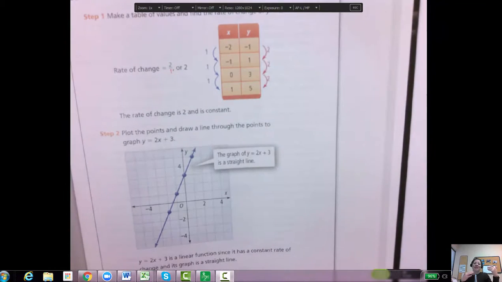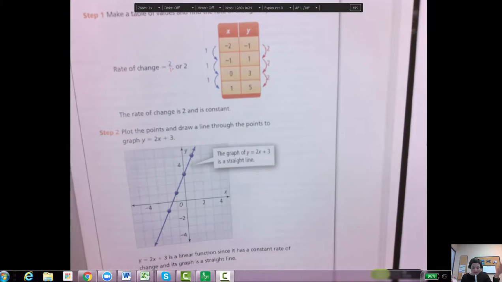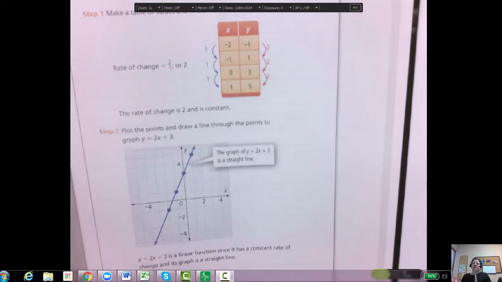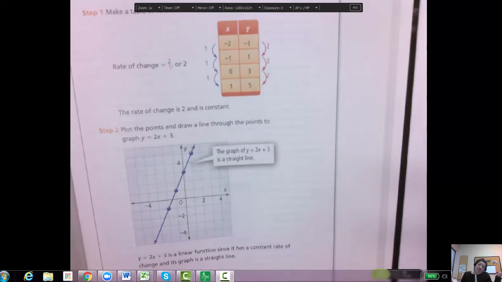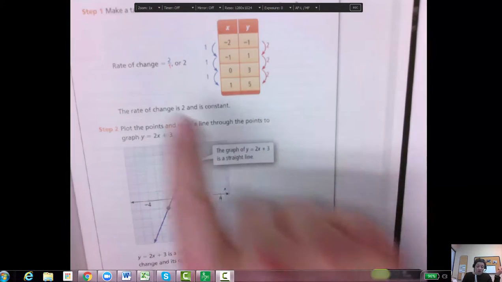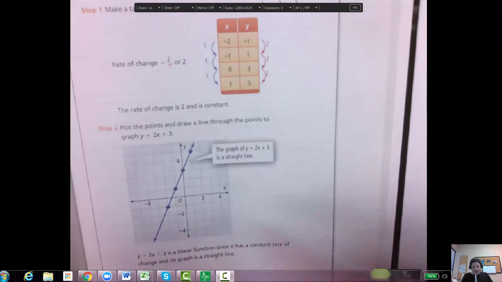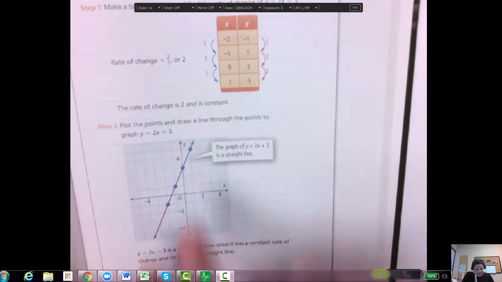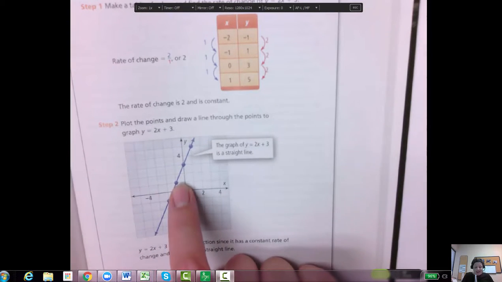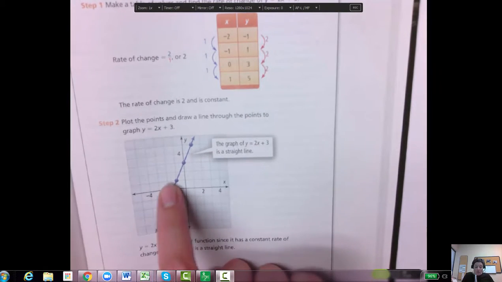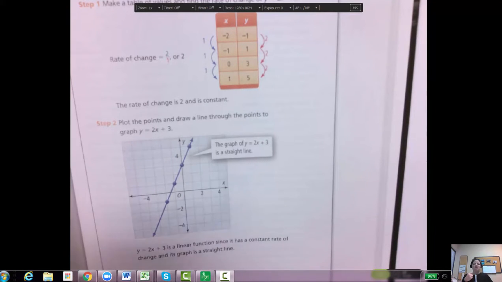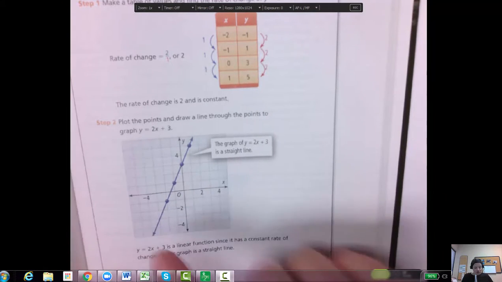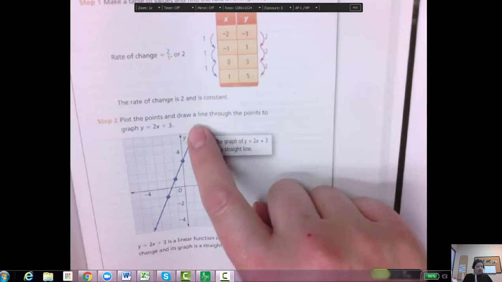I think that gets a little confusing when they talk rate, but you just need to know a rate is a slope. So that is 2. If you have a graph, remember you can pick 2 points and go up and over to see that 2. Up 2 over 1 is the fraction. So that's 2 as your slope, and that's increasing.